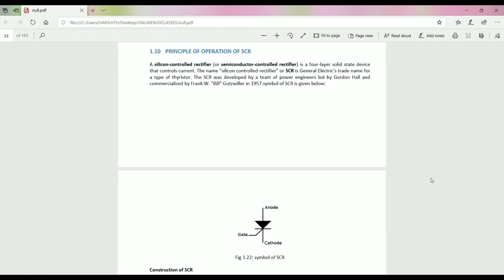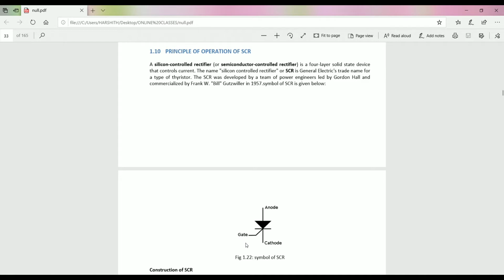The switching operation of the SCR is controlled by an additional input called the gate. This is the symbolic representation of the SCR. One terminal is the anode, the second terminal is the cathode, and the third terminal is the gate.